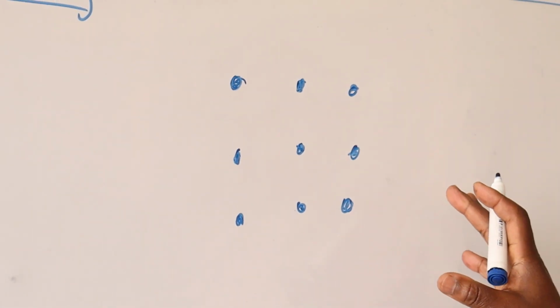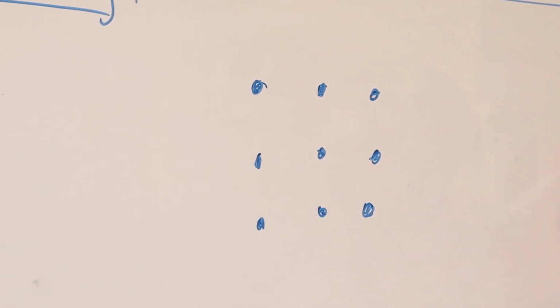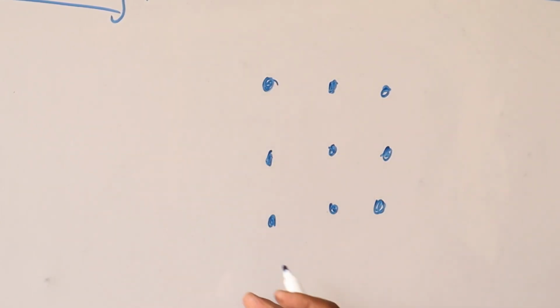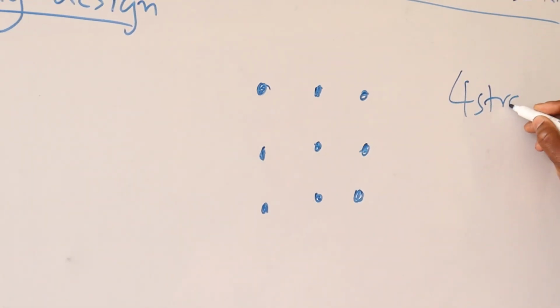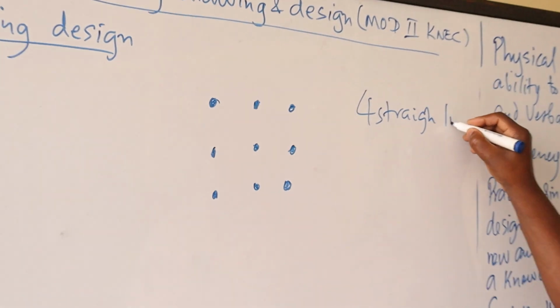There are 9 of them. Now, the idea is that you should join the 9 dots using only 4 straight lines.